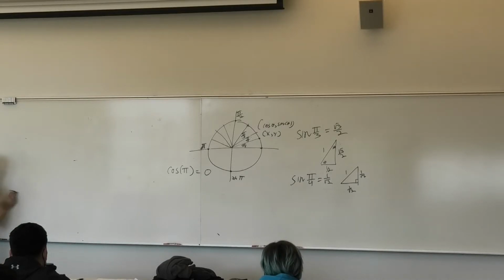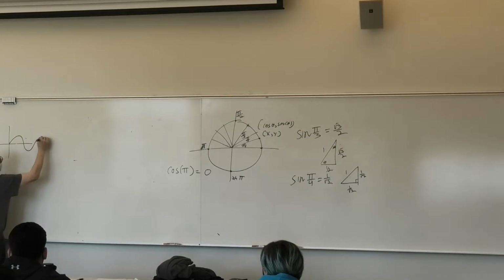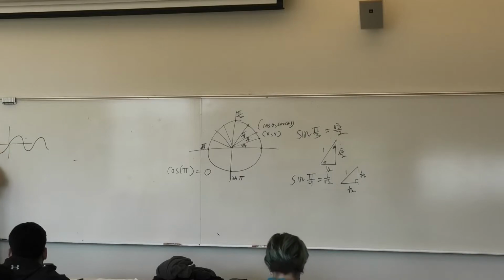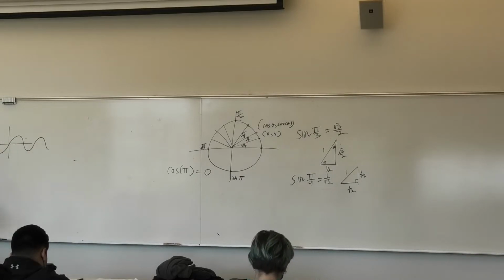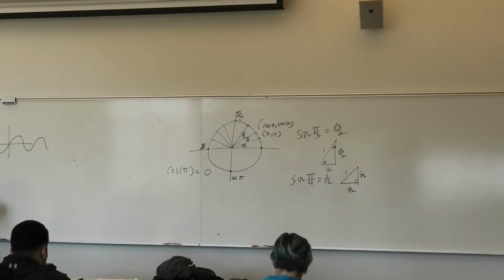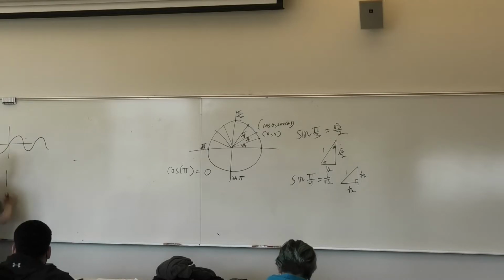Let's just look at the sine function. The graph looks like this. It goes on forever. If you invert the graph along the x-axis, you're going to get something that looks like this.